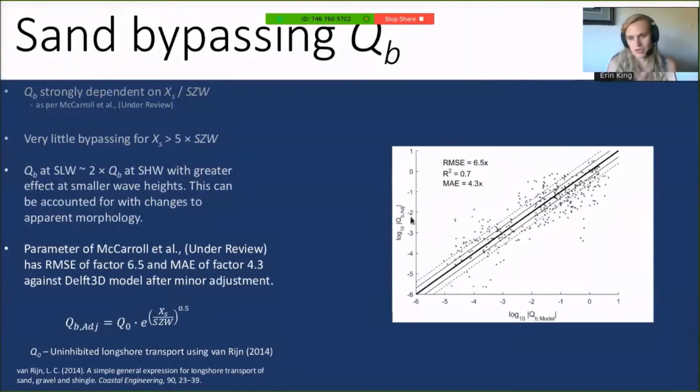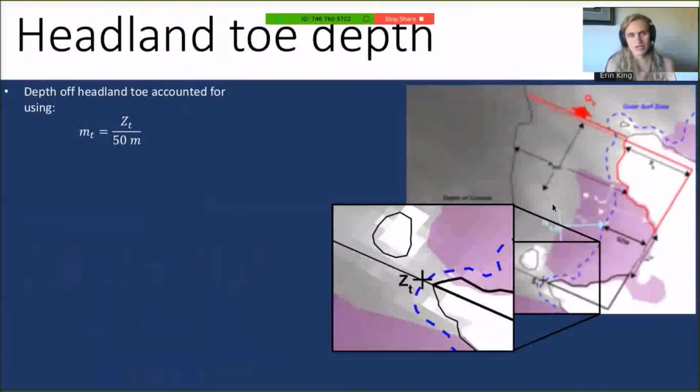On the y-axis we have the parameterization, and on the x-axis we have the model. And we see it's doing fairly well. It's getting the order of magnitude, but there is still some spread that we're seeing here. So we want to see if we can improve that. The first thing to check is the headland toe depth.